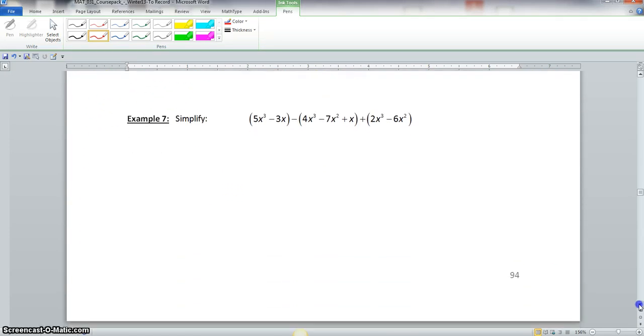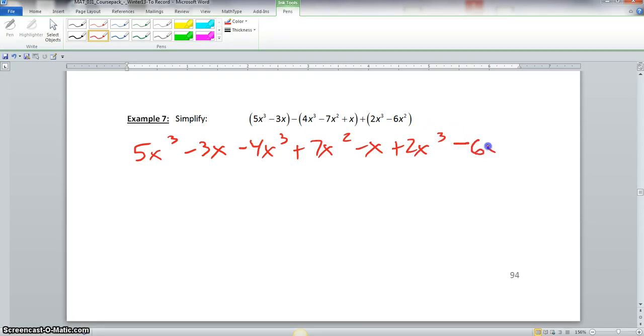Now with this problem, number 7, we have simplify. It's just a combination of everything. So we have 5x cubed minus 3x minus 4x cubed plus 7x squared minus x plus 2x cubed minus 6x squared. Now we combine the like terms.